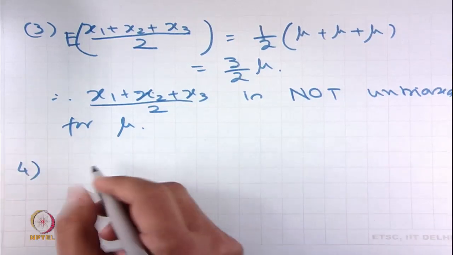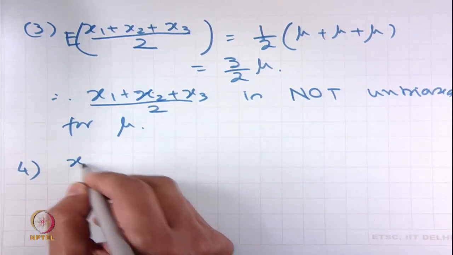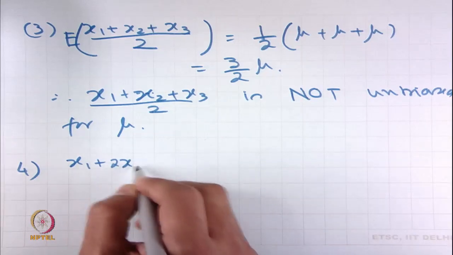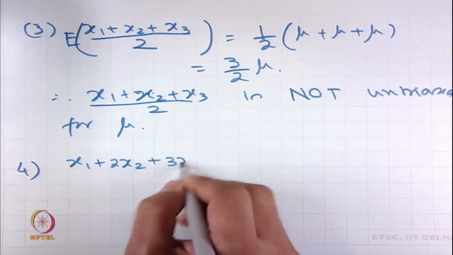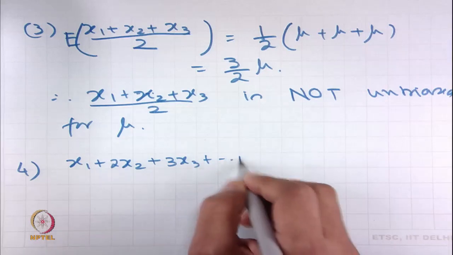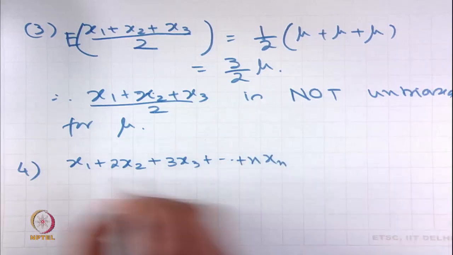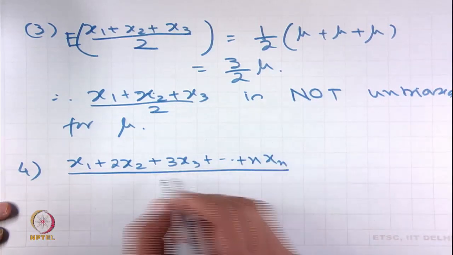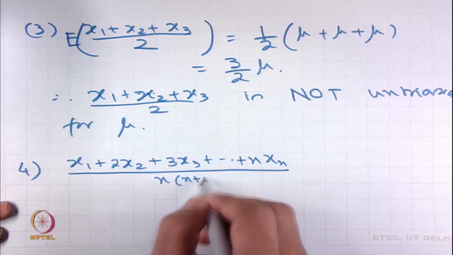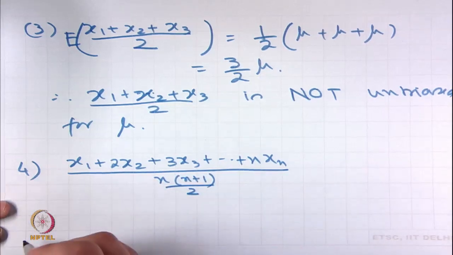Number 4, x1 plus 2x2 plus 3x3 up to n xn divided by n into n plus 1 by 2.